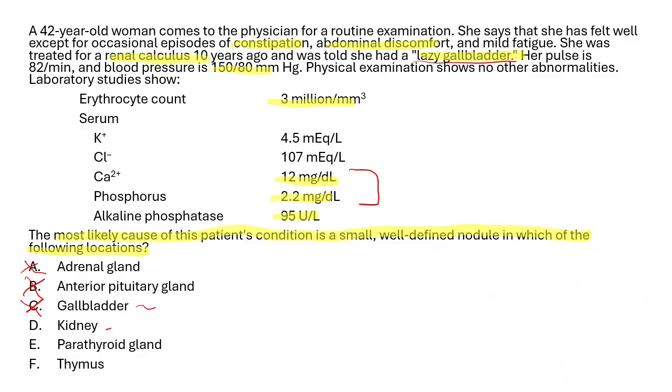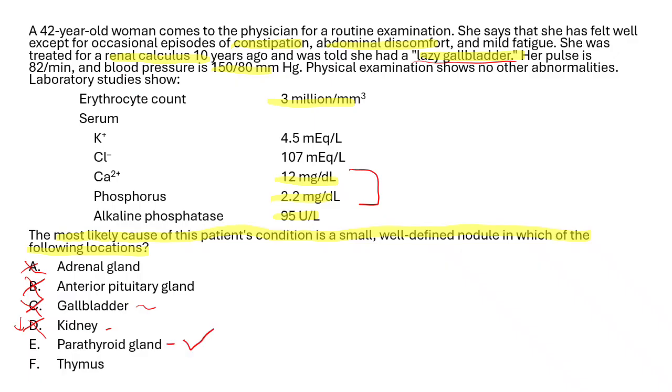Are kidneys involved in calcium? Yeah, they are. They make vitamin D, and that's supposed to help with calcium absorption. But if the kidneys were messed up, I would expect calcium to be low, not high. And so for that reason, I'm going to cross out kidney because it's the wrong direction for what I would expect if this were going on.